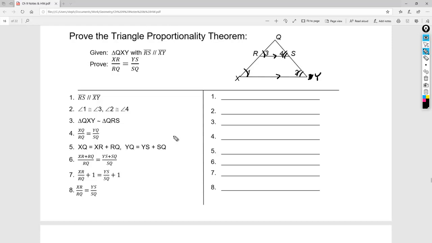Alright, so first thing is my given. Then again, I know that this is true because of corresponding angles. Alright, so then I can state that QXY and QRS are similar triangles, and this is because I have two angles in common, so this is going to be the AA theorem.